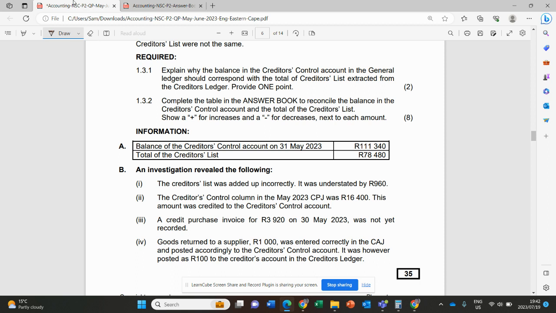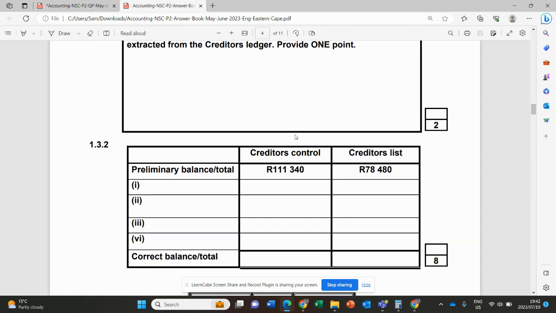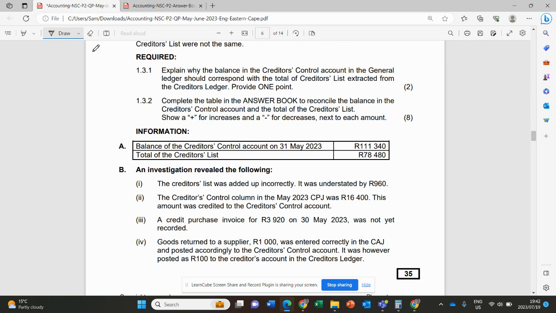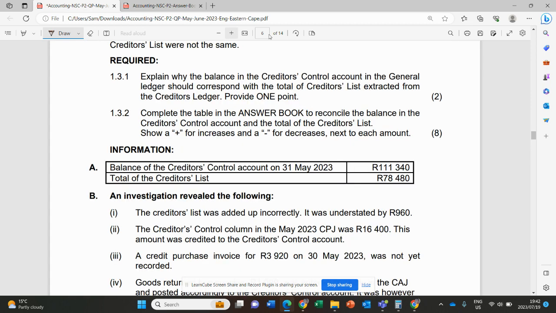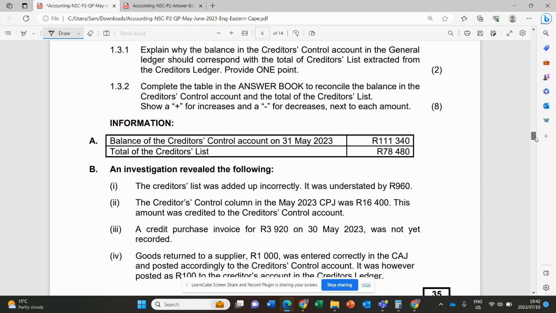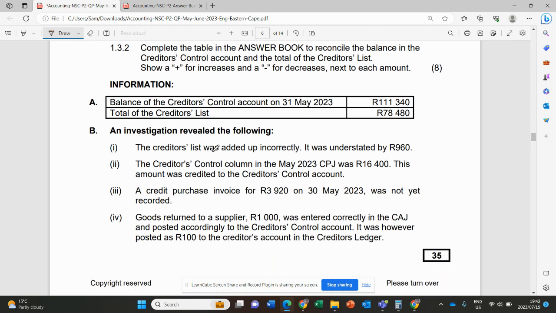Cool. Now let's look. We are given the balances, primary balances. Then let's look at the first information that has been given. Let me try to zoom. The first transaction was saying the creditors list was added up incorrectly. It was understated by 960.